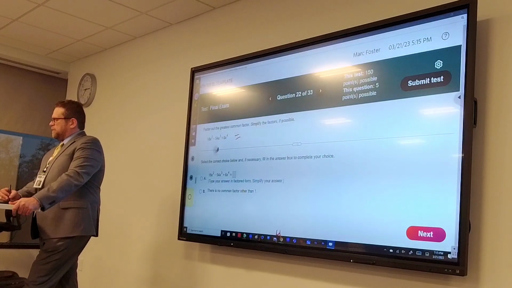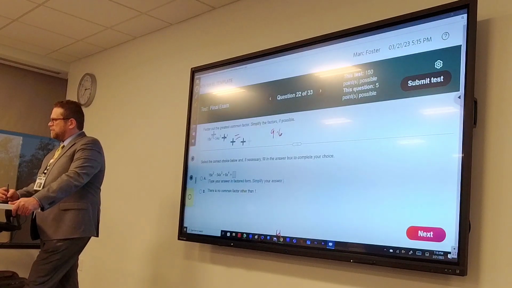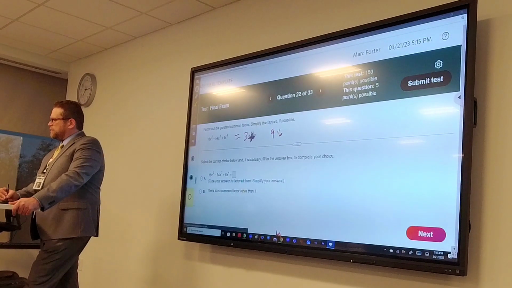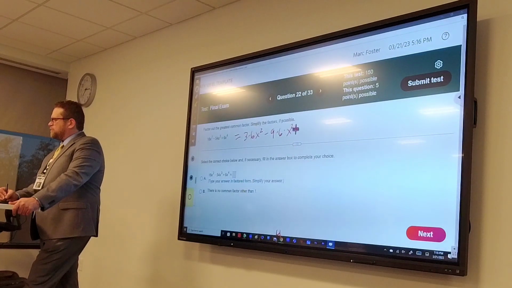Can 54 be written as a product of two numbers where one of them is a 6? What would it be? 9 and 6. And what about 18? 3 and 6. So 3 times 6 times x squared minus 9 times 6 times, and can't I say that x cubed is x squared times x?